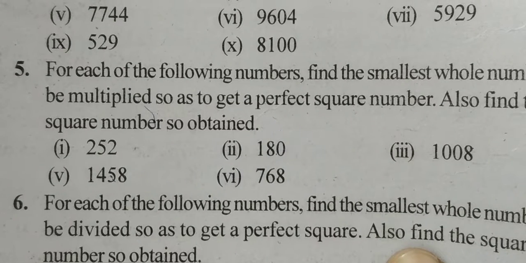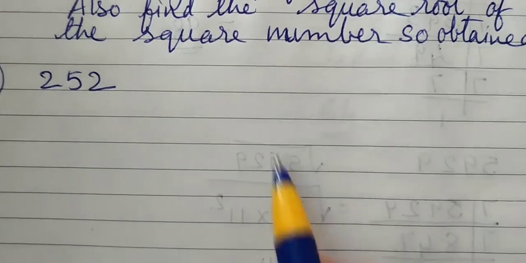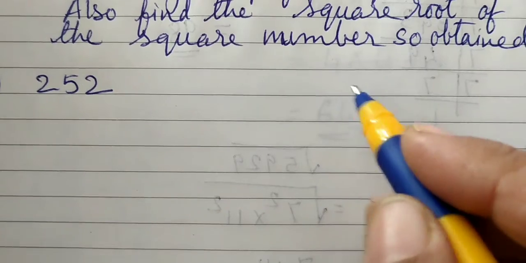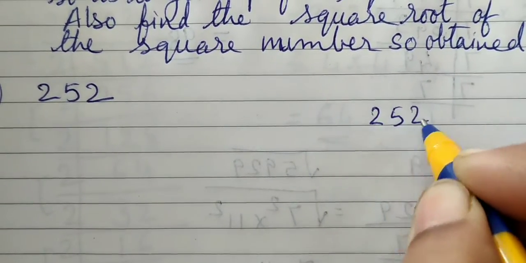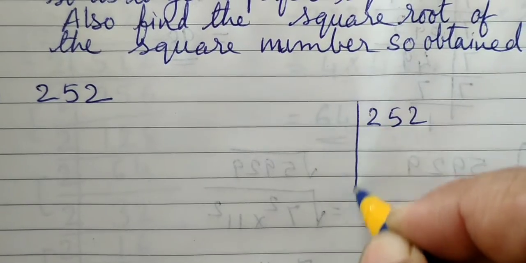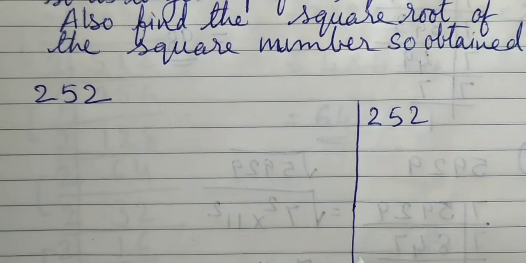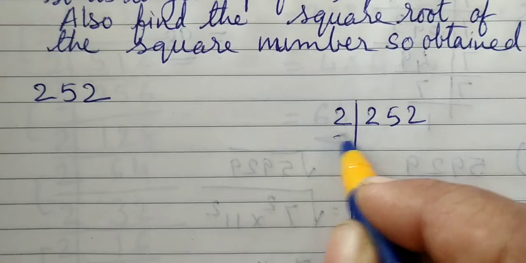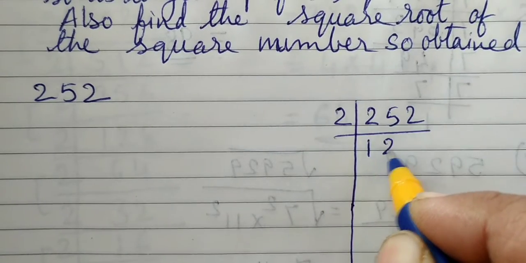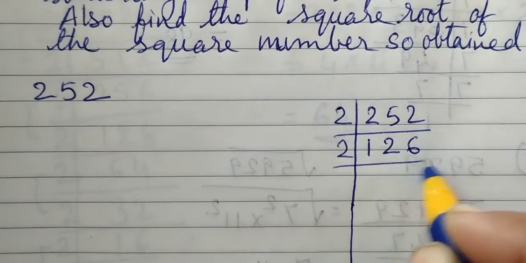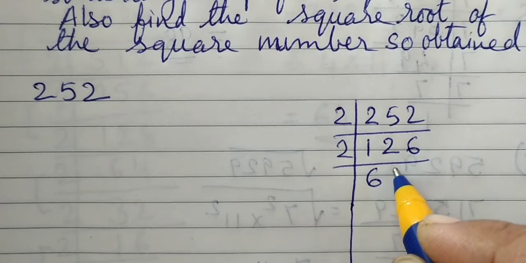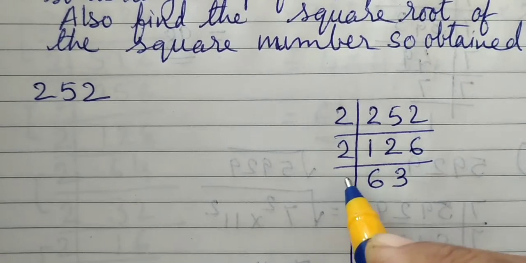So let's begin. Our first number is 252. So your first number which we have to factorize, that is 252. Okay, 2 ones are 2, 2 2s are 4, 2 6s are 12, 2 3s are 6.